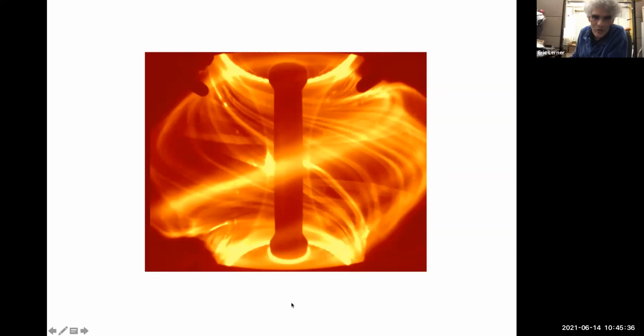So we're worried about our device disrupting the filaments. They're worried about the filaments disrupting their device. So it took a very long time for our tokamak colleagues to come to the conclusion that they really did have filaments, but they do know that now.